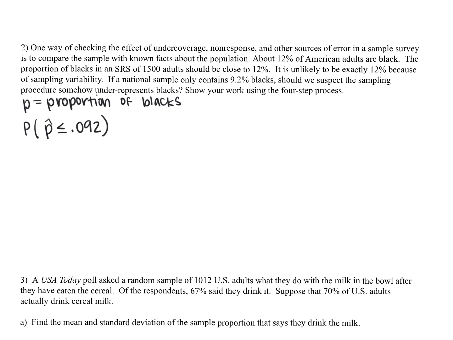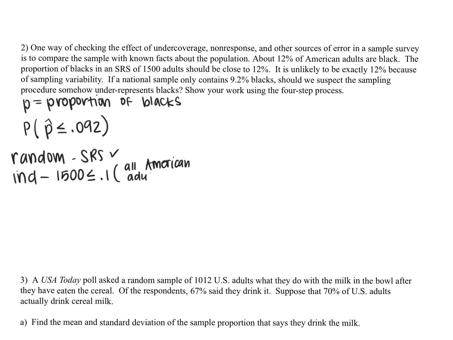Now we're going to check our 3 conditions. So we're going to start with random, and it does state in the problem that an SRS was taken, so it is random. Independent, which I'm going to abbreviate, just IND. Our sample size, 1,500, has to be less than or equal to 10% of all American adults, which there's at least 15,000 of those, so we're good there.